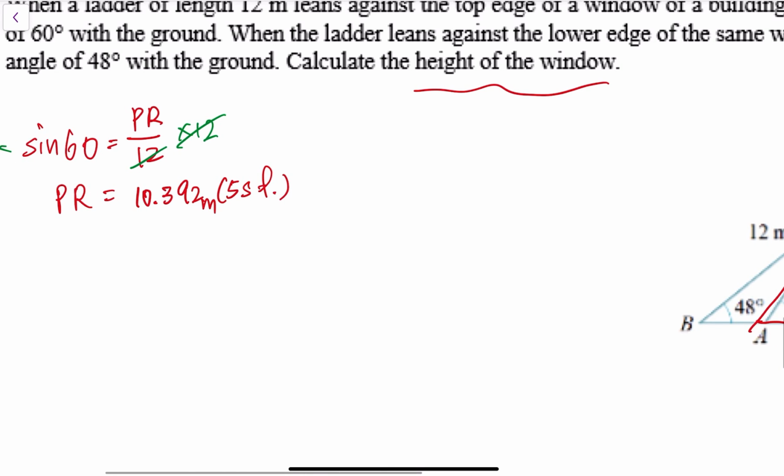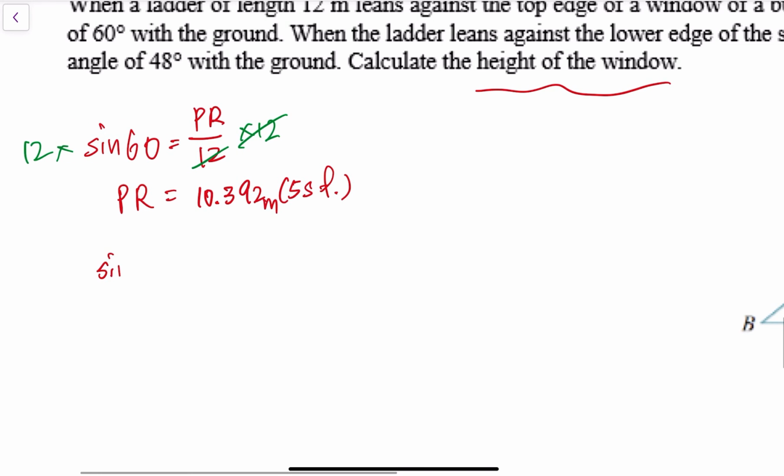Secondly, the other window will be a similar thing, but with 48 degree. It will be QR, still over 12, multiply by 12 on both sides.